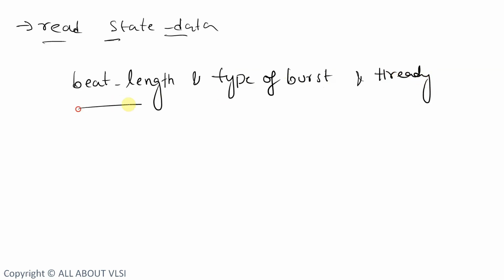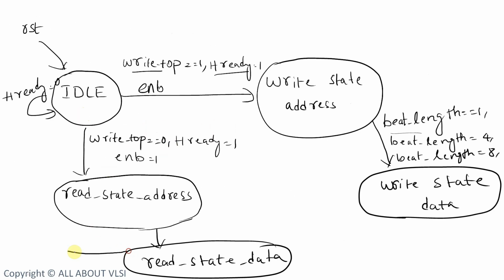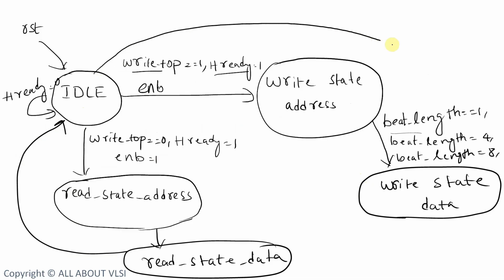If these conditions are met, then only I am going to perform the read operation. After performing the read operation, I am going to simply go to the idle state. And here, after performing the write operation, I am going to the idle state. So this is what I am going to implement in my design.